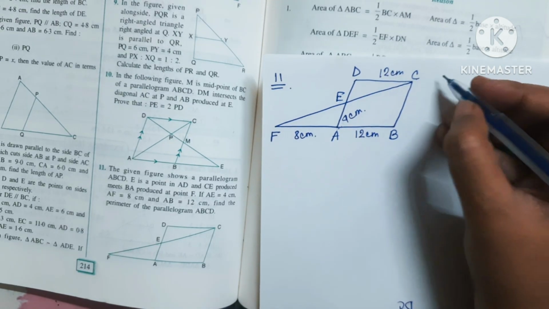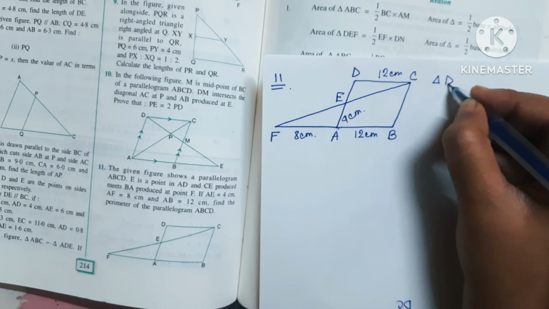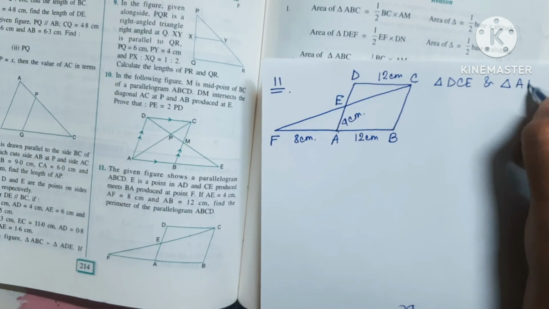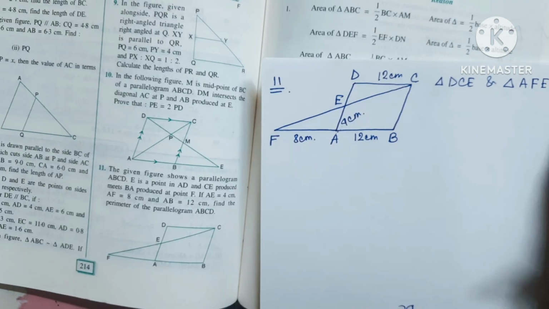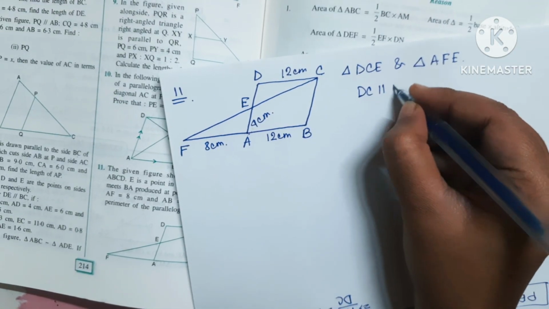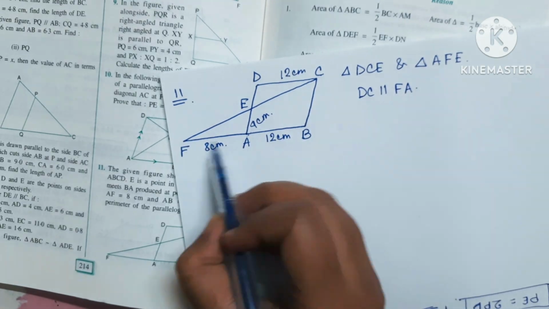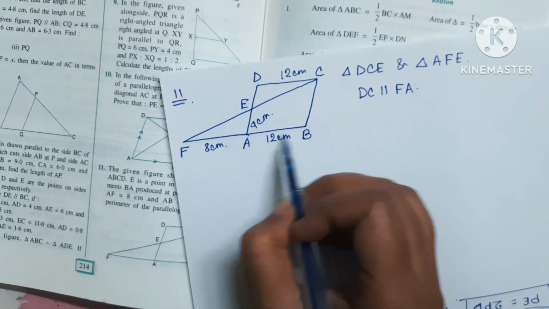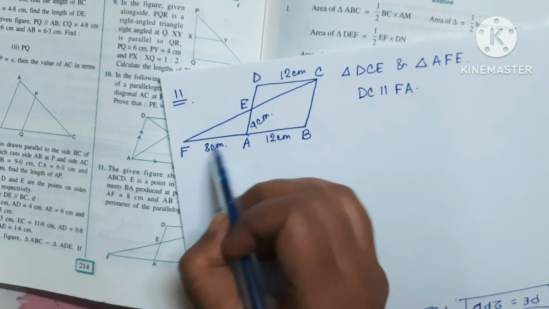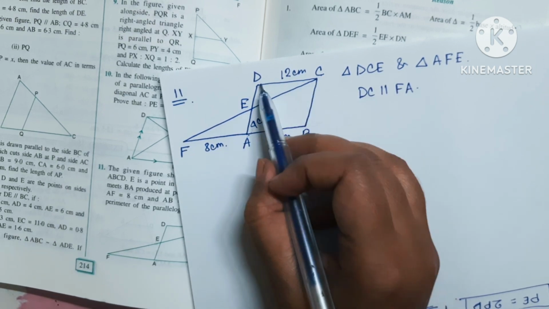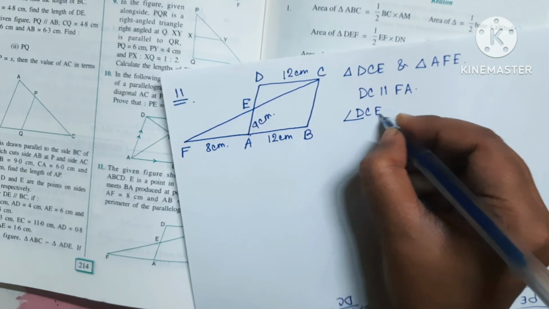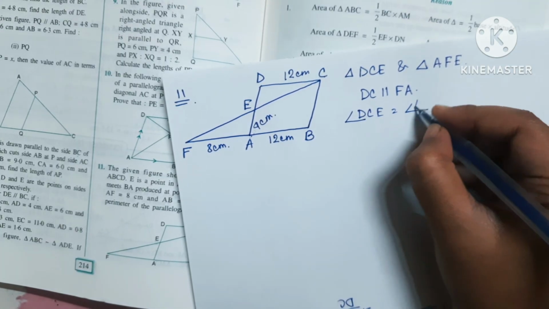Okay, see, in case of two triangles DCE and AFE, DC is parallel to FA. Why? Because FA is just an extension of AB. Okay, extension of BA is FA. So this is also parallel to DC. Okay, now angle DCE is equal to angle AFE.